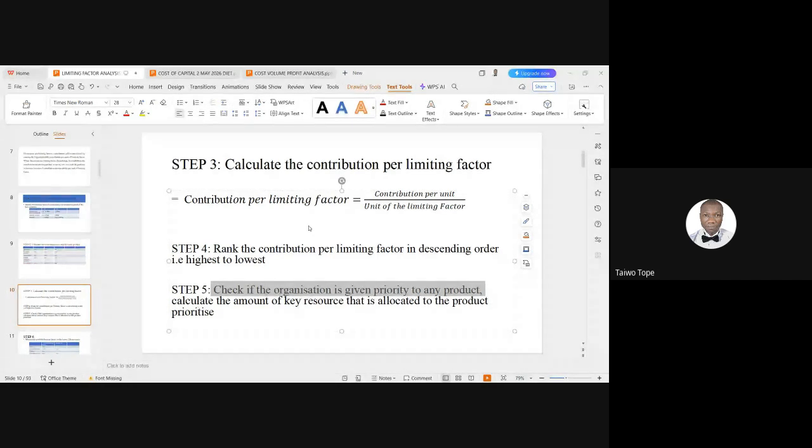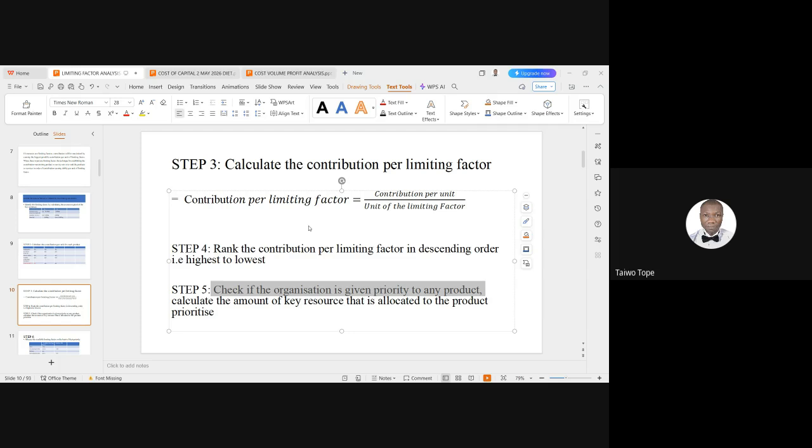And there's another question from the ACCA pack that I will also solve with us that test our understanding on special order. So when you come to that point, let the understanding come that special order will not be affected by limitation of resources. So check if the organization is giving priority to any product.